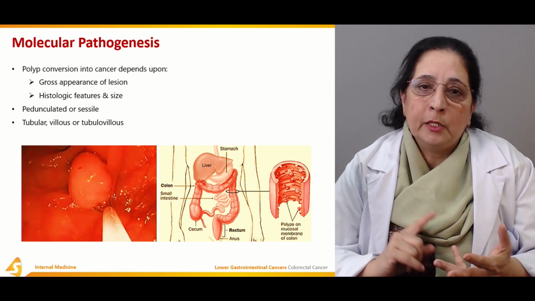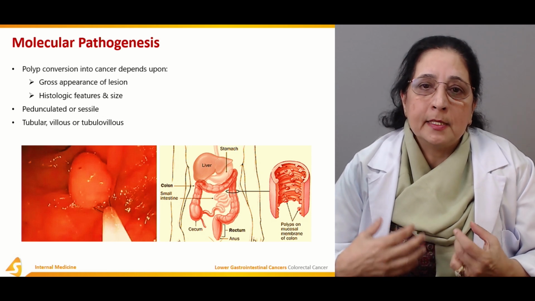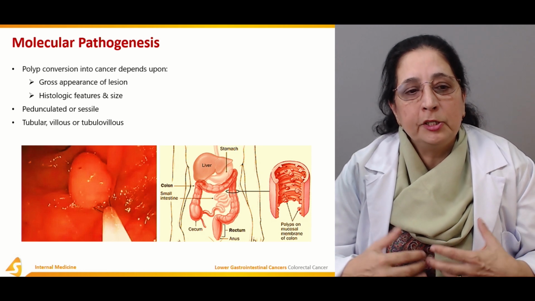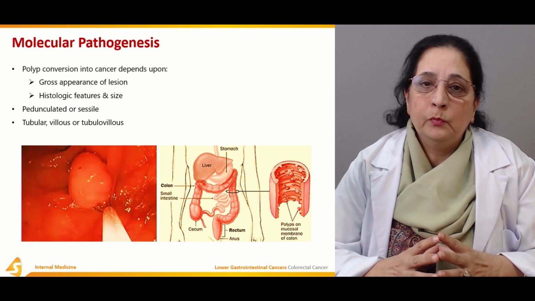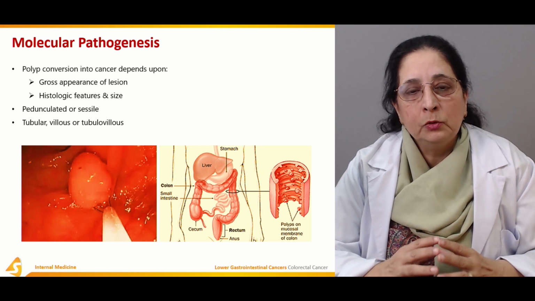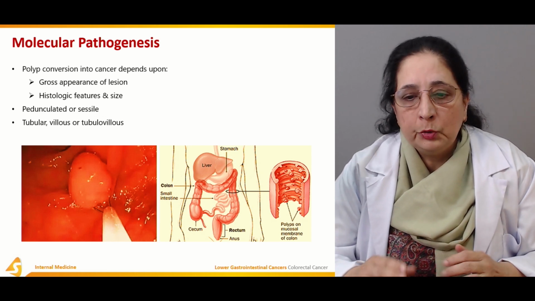Factors associated with this include size, gross appearance, whether it is sessile or pedunculated, and whether it is tubular, villous, or tubulovillous. All these factors can lead to the progression of the polyp into cancer.